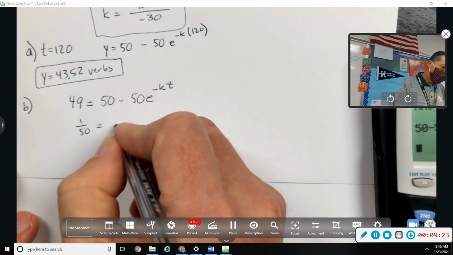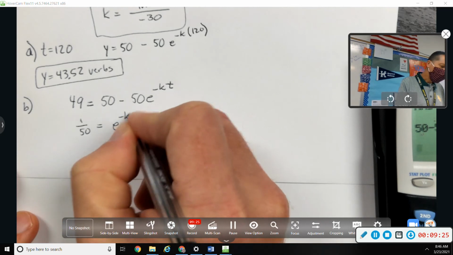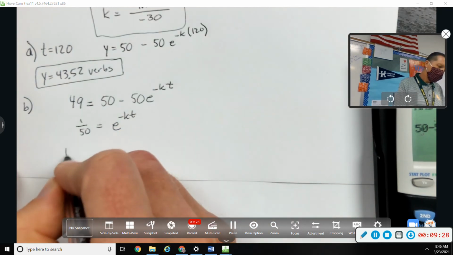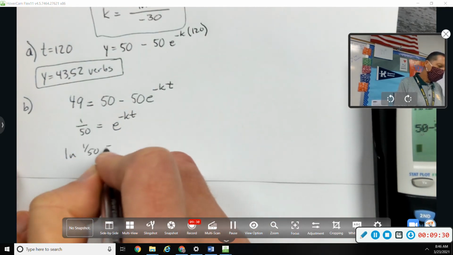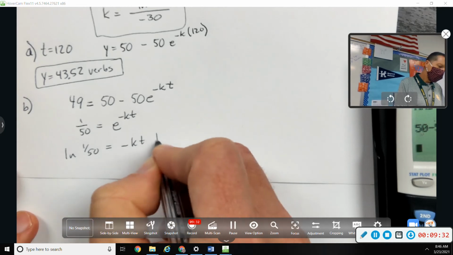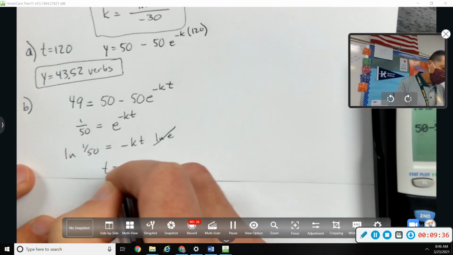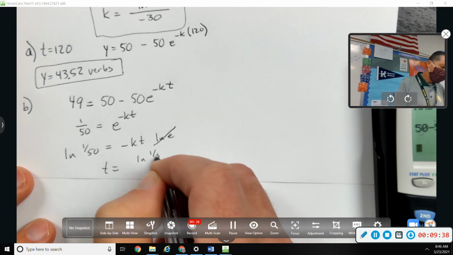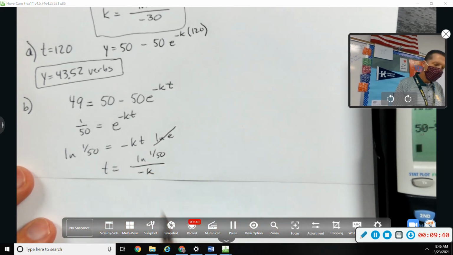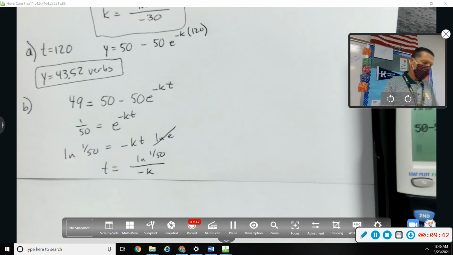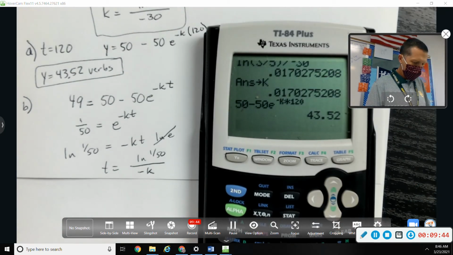So 1/50th equals e to the negative kt. Natural log both sides. So t equals natural log of 1/50th over negative k. Natural log of 1/50th divided by negative k.